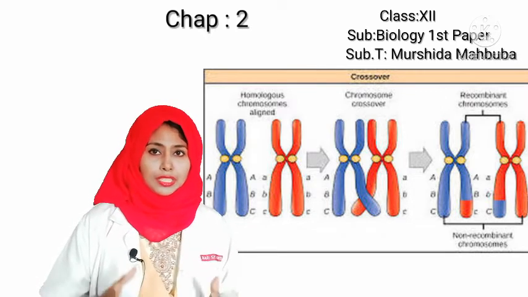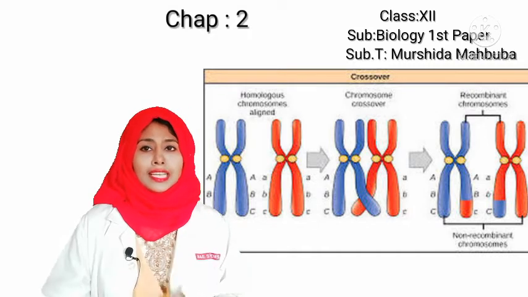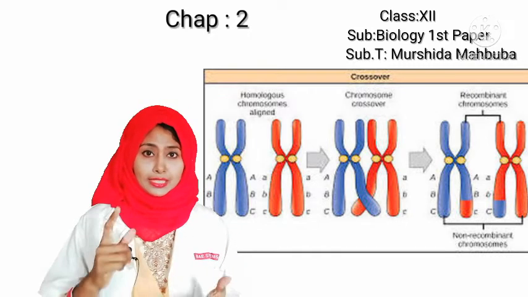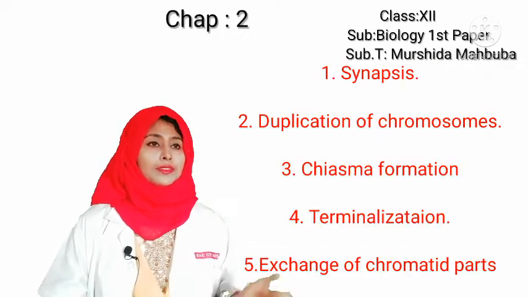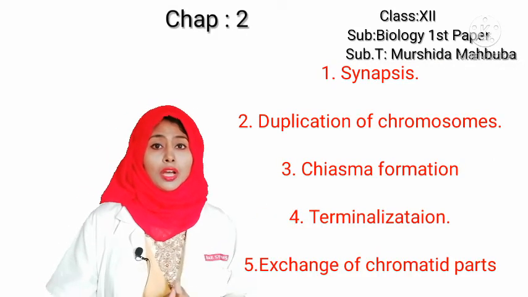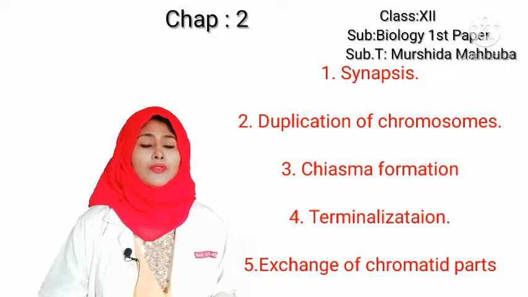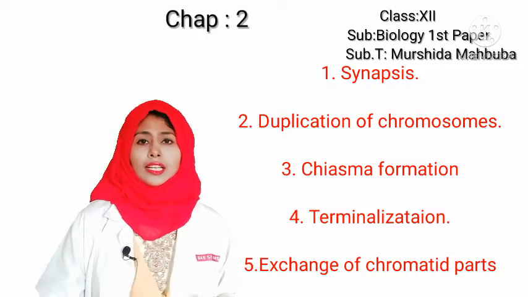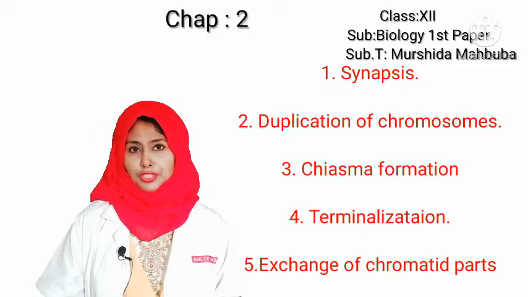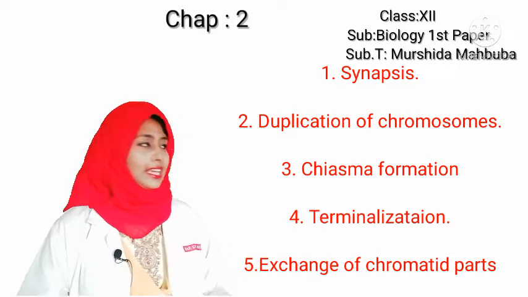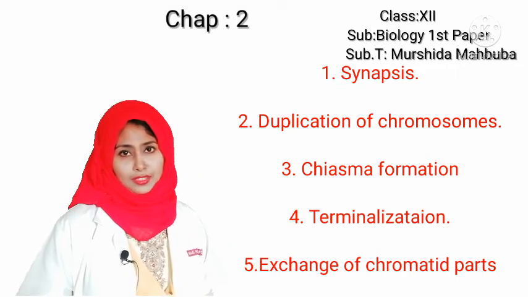So, the process of crossing over takes place in the following stages. First one, synapse. Second one, duplication of chromosomes. Third one, chiasma formation. And last, terminalization. And then, exchange of chromatid parts.